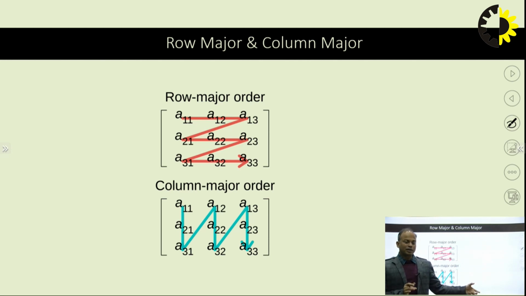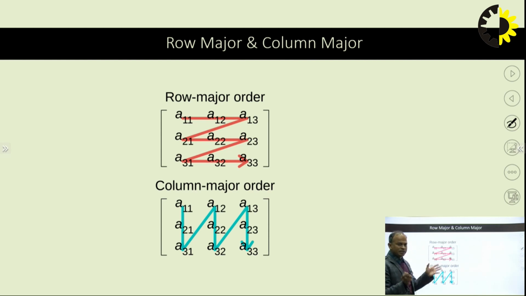Coming back to our topic, row measure order. So here the array is represented in the form of rows. I mean, this is the first row, then the next row, then the next row. So this is the row measure representation. If you are working row wise, it is row measure, and if you are working column wise, then it is column measure representation.